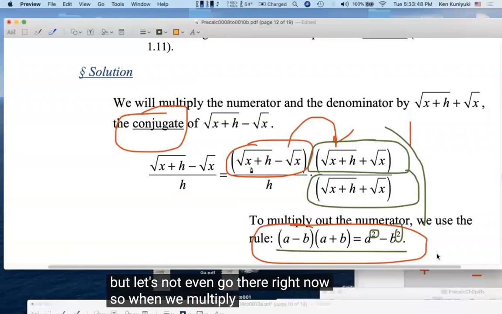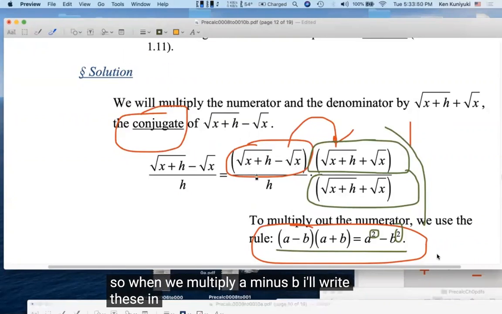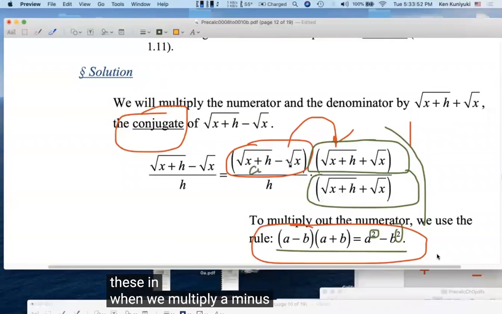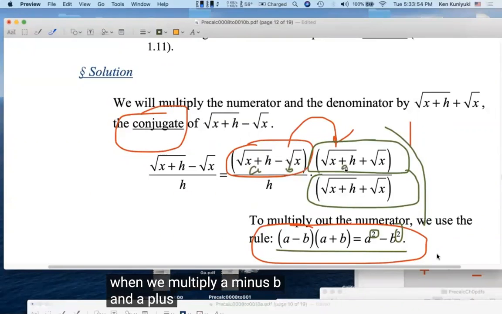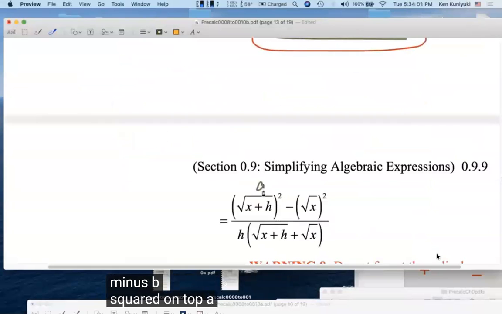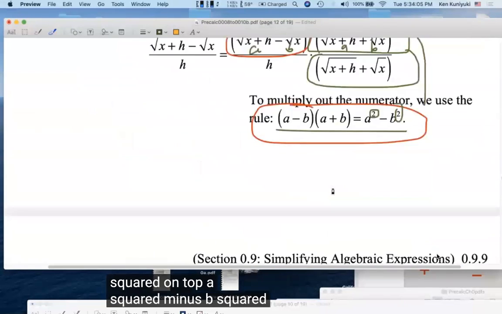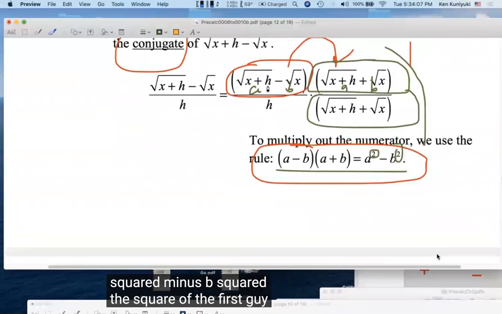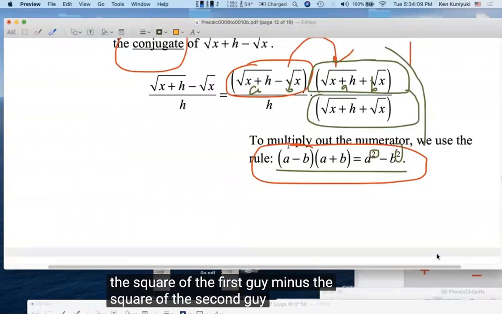So when we multiply a minus b and a plus b, we end up with a squared minus b squared. On top, a squared minus b squared: the square of the first guy minus the square of the second guy.